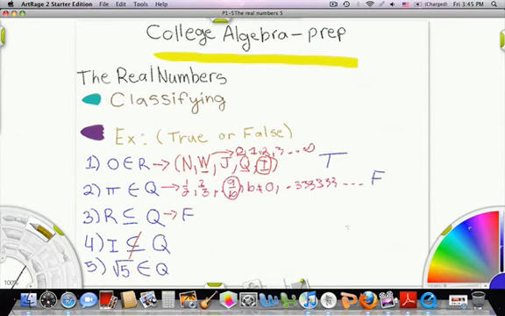And let me just give another example of why this is false. Rational numbers, Q, are numbers like this above, like A over B, where B isn't equal to 0, right? And these repeating decimals.